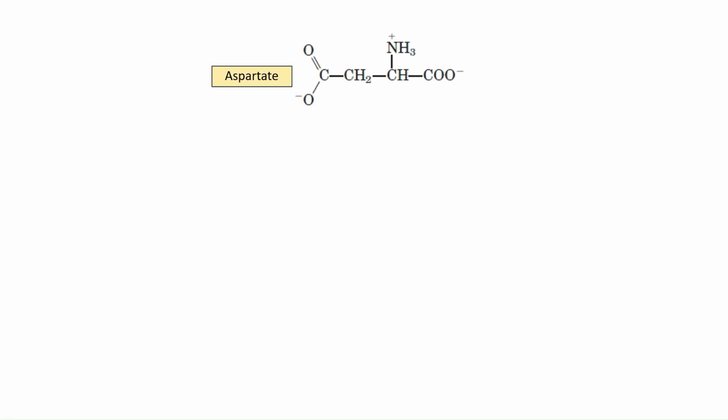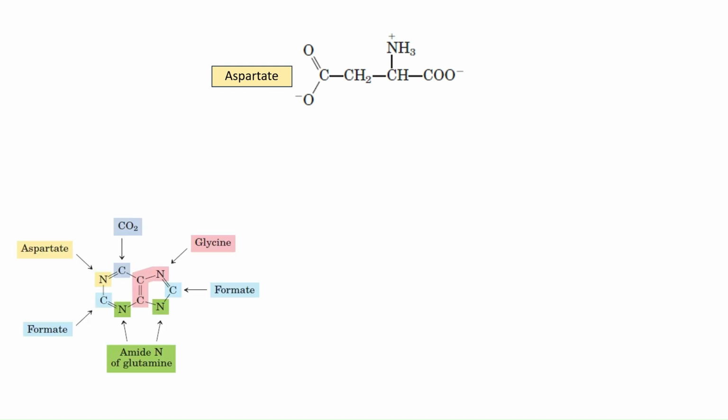Now let's start with looking at aspartate. So aspartate is an acidic amino acid, which means it has an additional carboxylic acid group in its side chain. Now we'll look at all the options. So we'll start with inosine monophosphate and orotic acid. Both of these compounds are purine compounds.